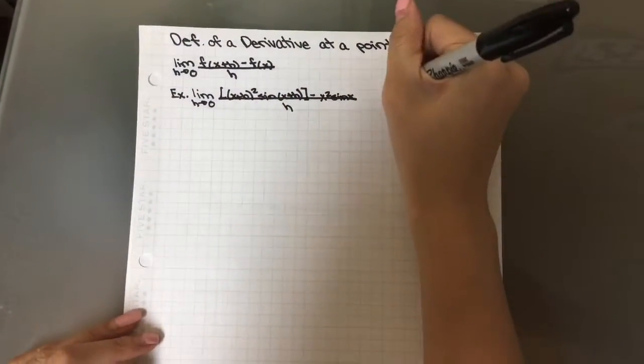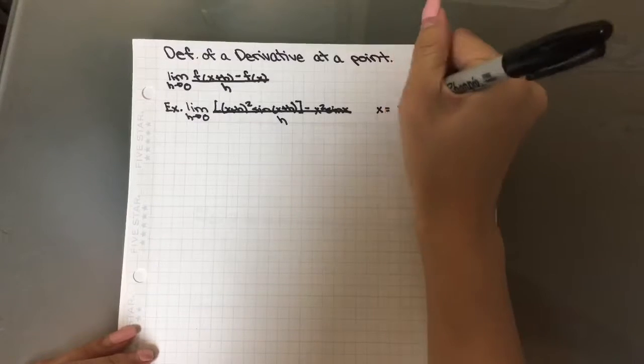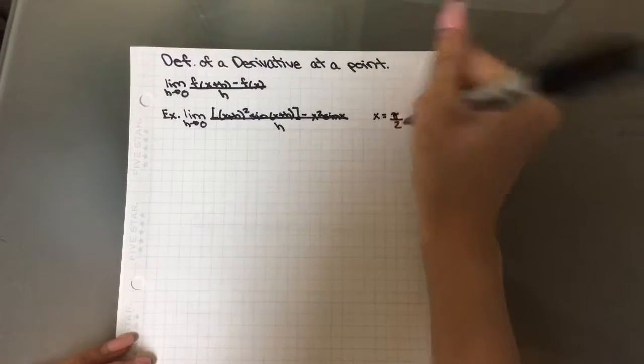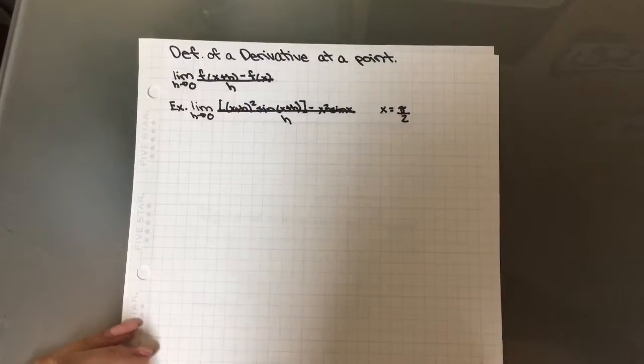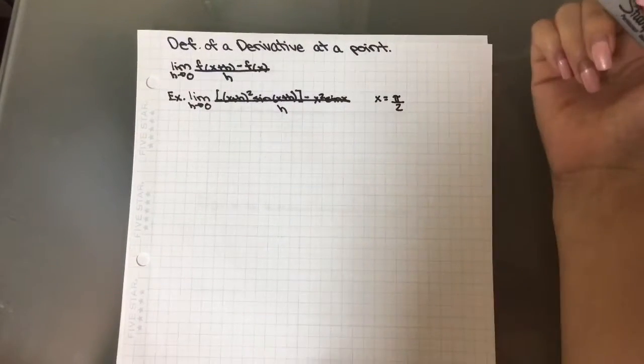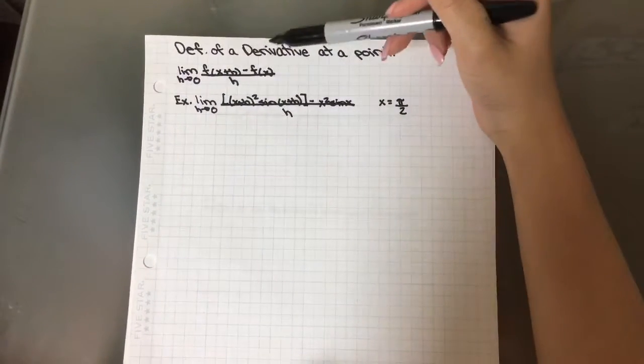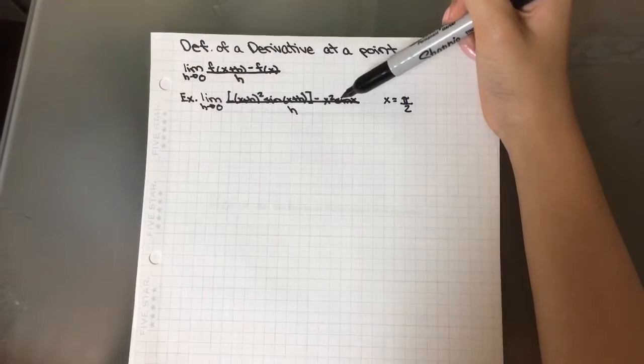And we're looking for x equal to pi over 2. As you can see, the function f of x would actually be x squared sine of x.